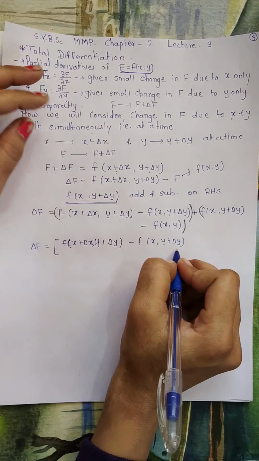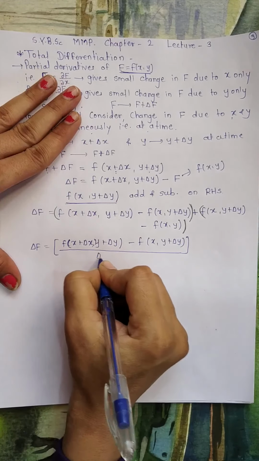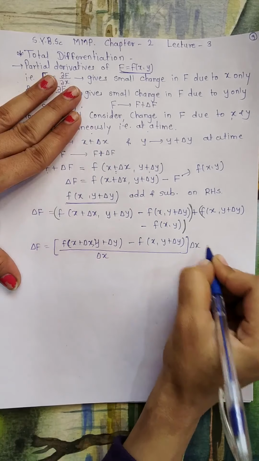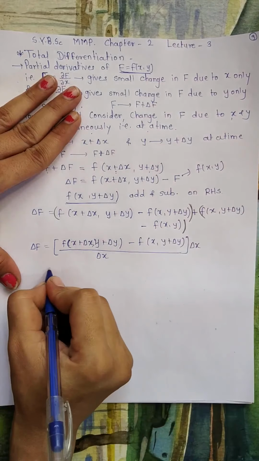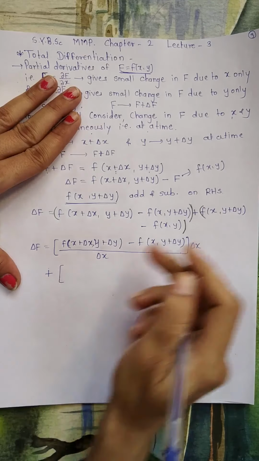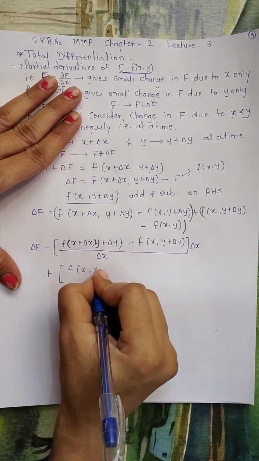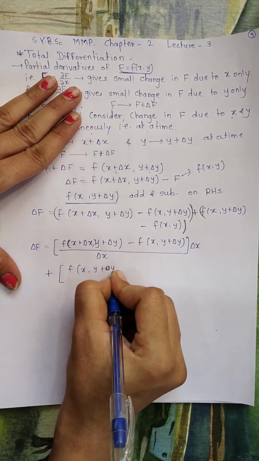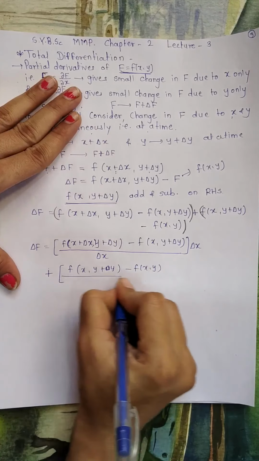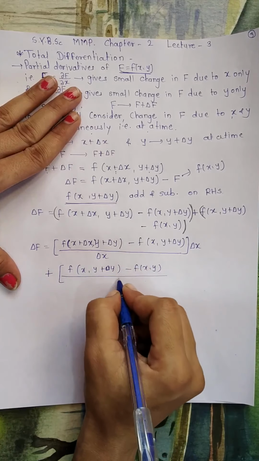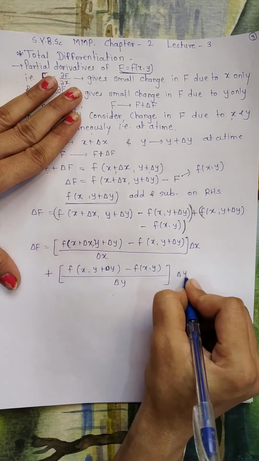Now here I will take this change with respect to delta x, so I will multiply and divide by delta x, plus this second term, f of x, y plus delta y, minus f of x, y. Again this change I will take with respect to y, that is delta y, divided and multiplied.